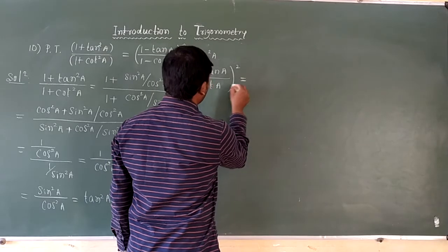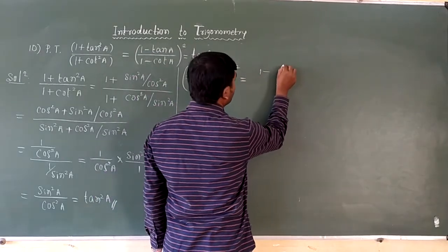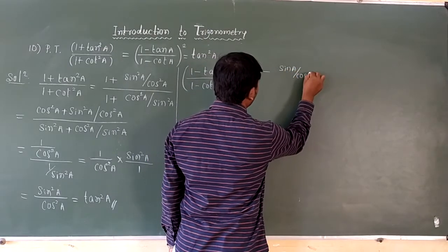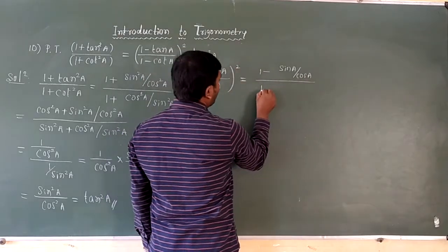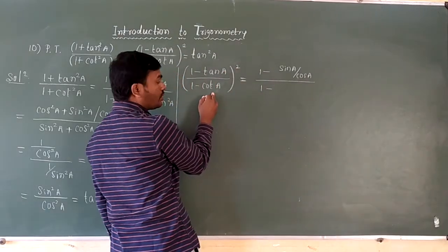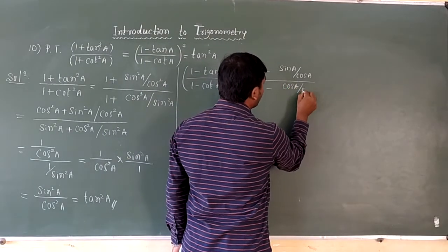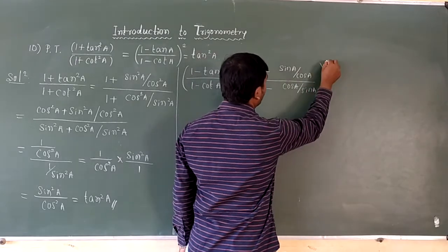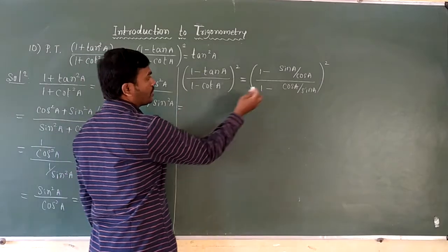Let us simplify this one again. This is equals to 1 minus, tan can also be written as what? Sin a by cos a, whole divided by 1 minus cot a can also be written as what? Cos a by sin a. Again it is whole square. This is equals to, let us simplify this one again.